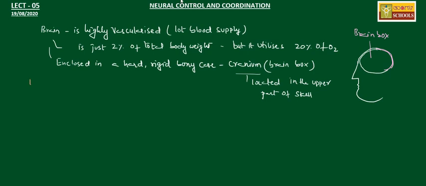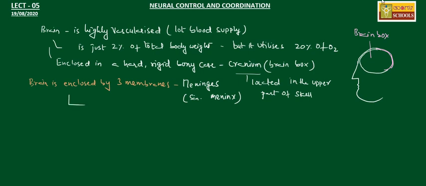membranes. The brain is enclosed by three membranes, and these membranes are called meninges. Singular, you can take meninx, covered by three membranes. So let's see what those three membranes are.